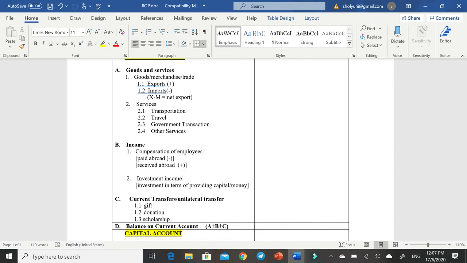So when I invest to Singapore, even though in the first place the money going outside, kita tengok daripada segi income tu, income tu akan pergi ke mana bila I dapat the return from the investment? Because I am a Malaysian, so the income will go back to Malaysia, so it will be recorded as positive.